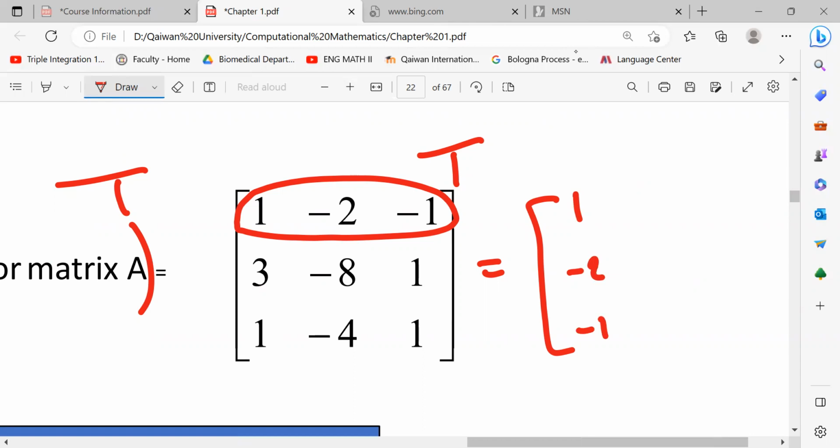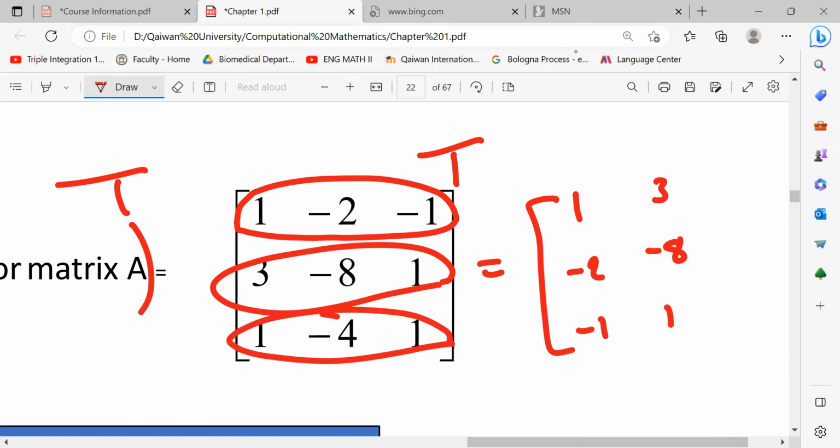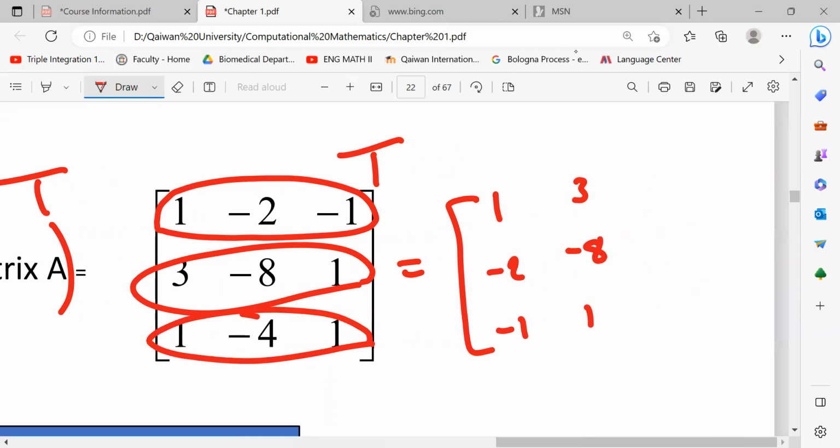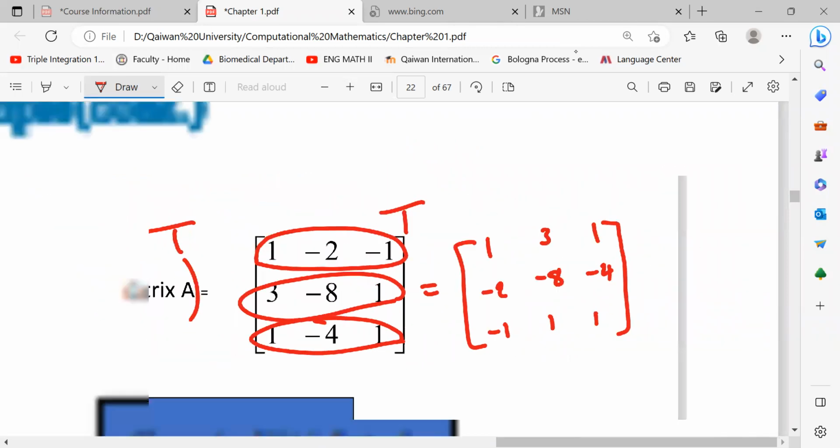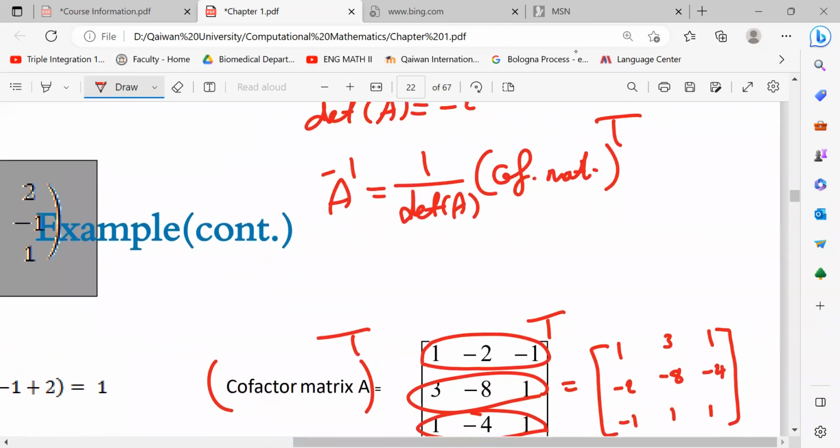The second row becomes the second column. It's 3, -8, 1. Then the third row becomes the third column: 1, -4, and 1. This is the transpose of the cofactor matrix.